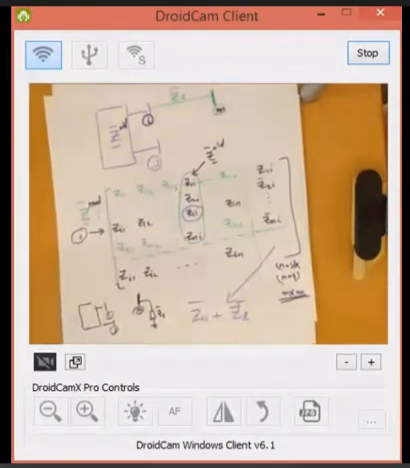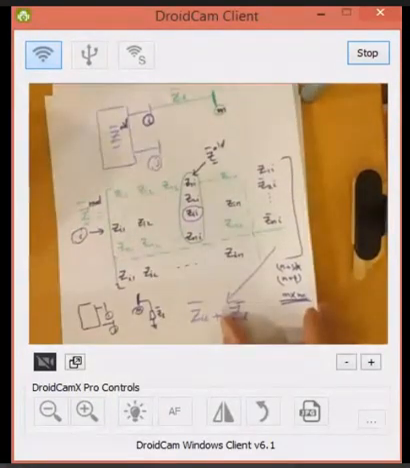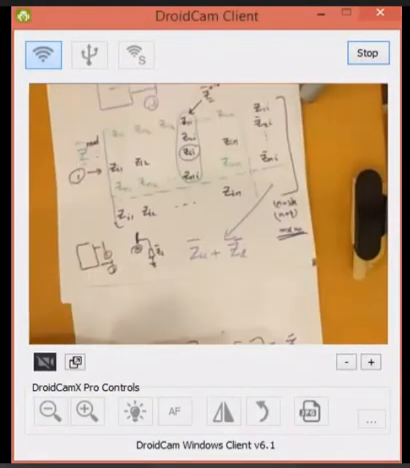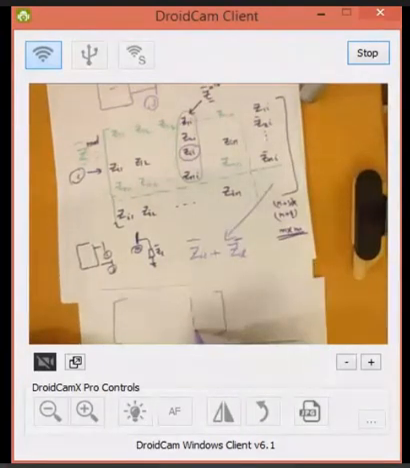Same way. We put Z old here, and keep Z old as it is.